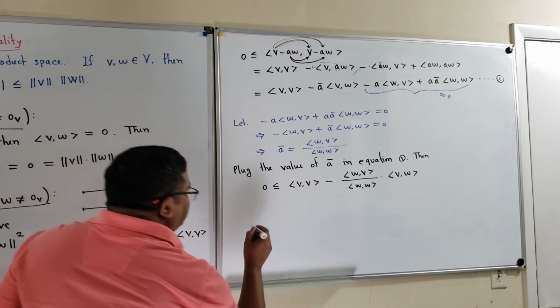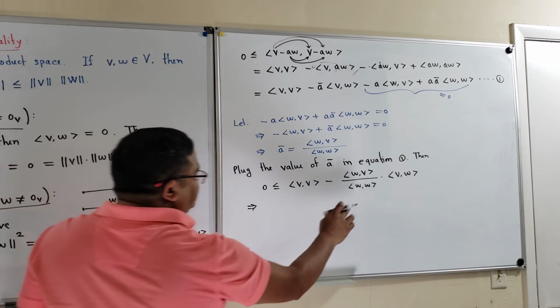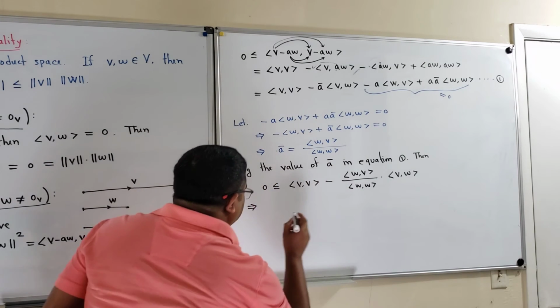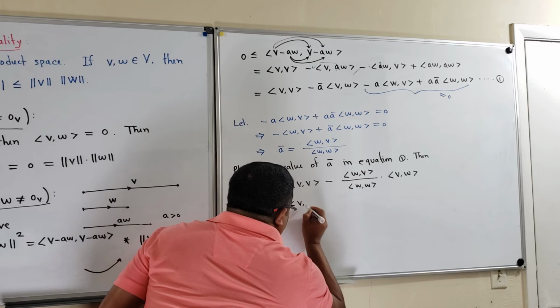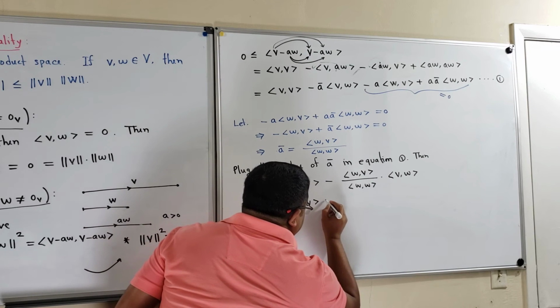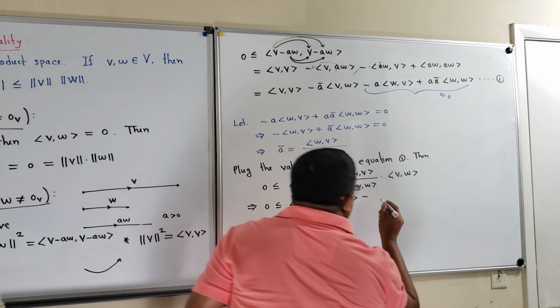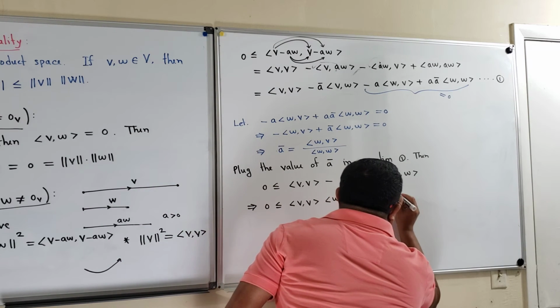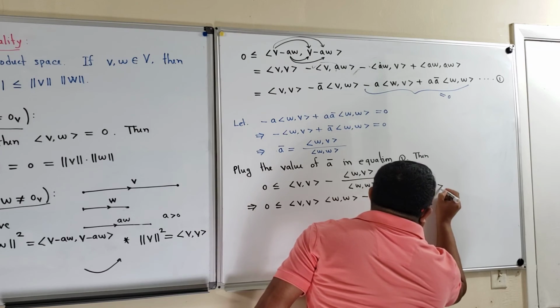Now simplify. So if we multiply both sides by inner product of W, W, then it becomes inner product of V, V times inner product of W, W minus inner product of W, V times inner product of V, W.